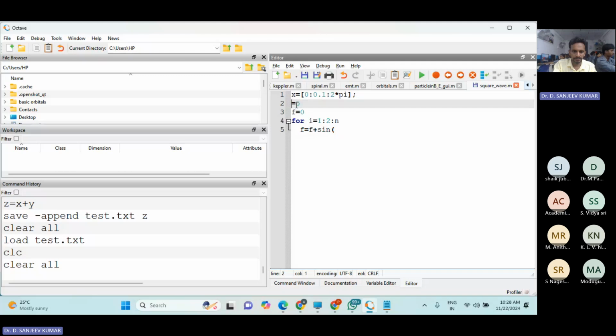Otherwise I call this capital N and my loop index small n.